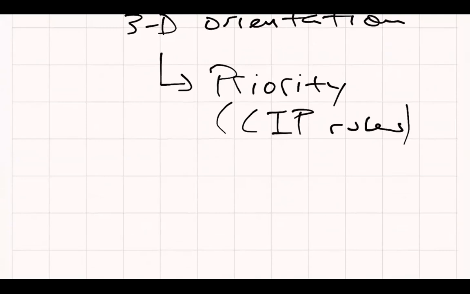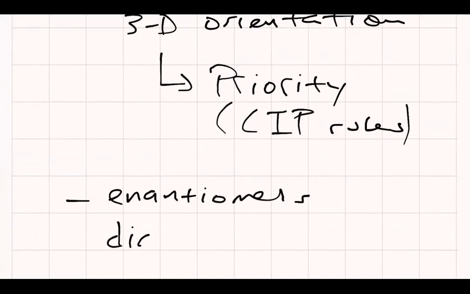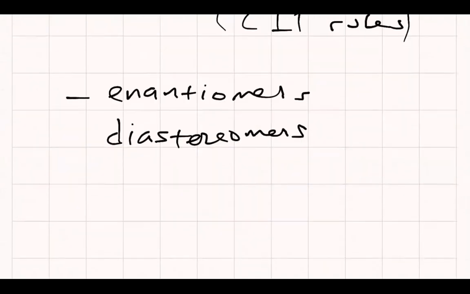We're going to talk about enantiomers, and then diastereomers. Right, those two types of stereoisomers are a consequence of chirality being present in the molecule. And then after we talk about that, we're going to talk about how chirality affects reactions.